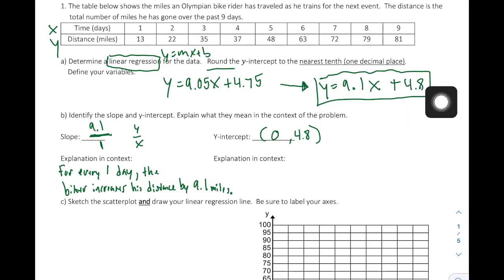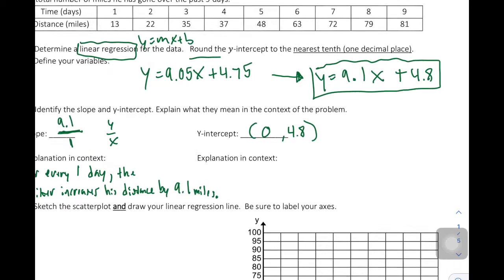And then what does this mean? 0, 4.8. This y-intercept doesn't always make sense in linear regression, and that's okay.